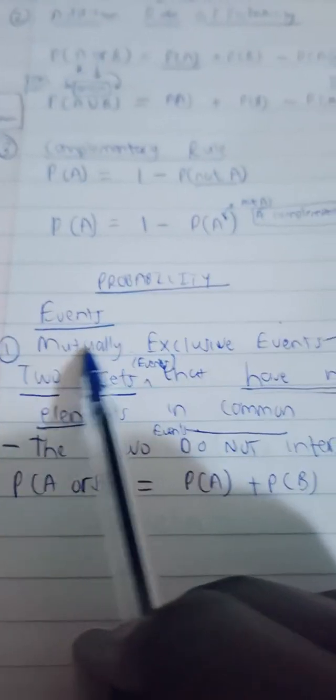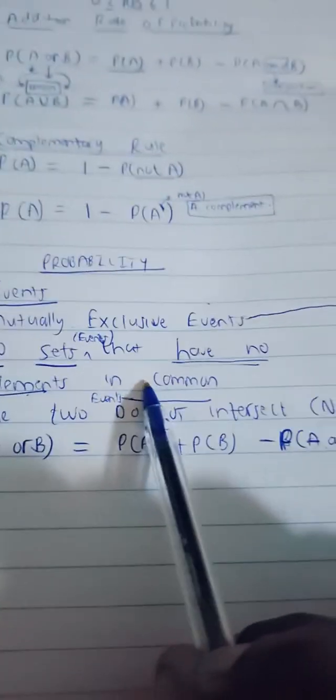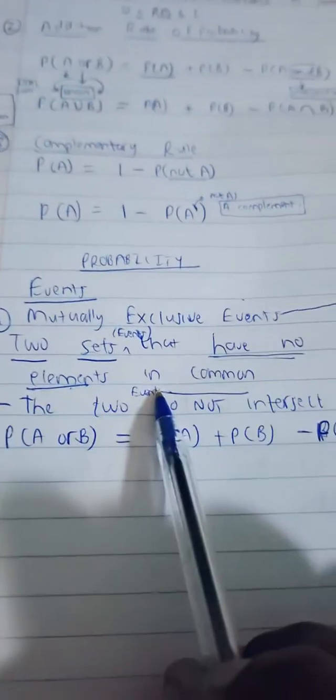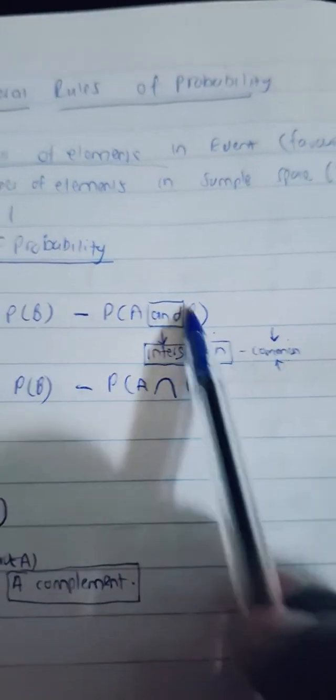Why do we say that? It's because from the definition, the two sets of events have no elements in common. So the two events do not intersect. Remember, what does the symbol stand for?